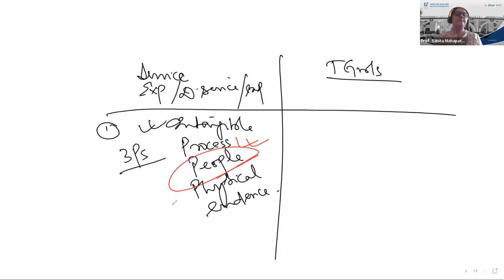Next is the people. People means when you see the staff, the nurses, the doctors, their dress code, the way they appear, how approachable they are, that also gives a feel.